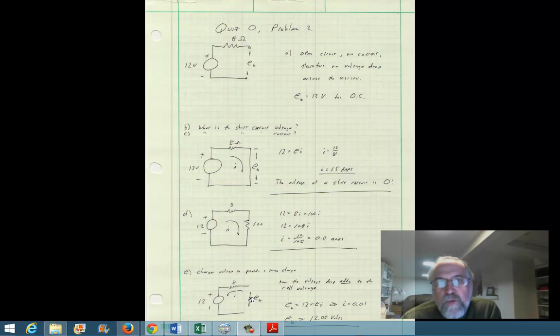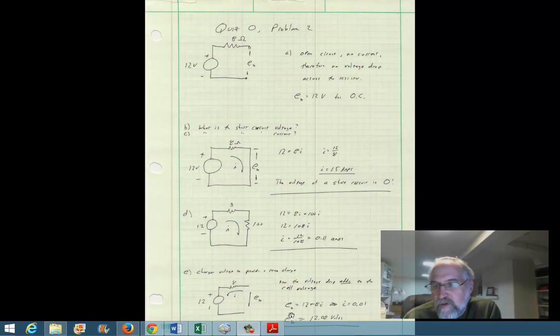What voltage do we put on here? Now we're imposing a voltage from the outside to drive the current back into the battery at a level of 10 milliamps. So the voltage here is equal to the voltage drop here plus 12. And this is part of the trick of battery charging. In these other problems, when the current was going the other way, the voltage drop across the internal resistance subtracted away from 12.